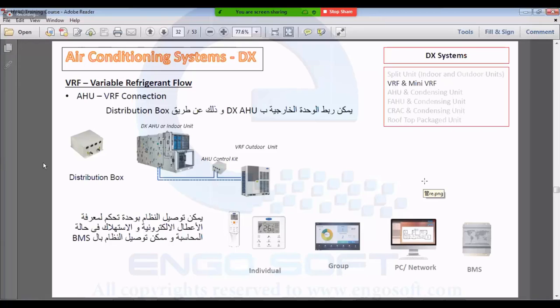So this is how to connect it with the building automation system of the building using a control kit. This is the indoor unit, which is the DXHU. The control kit is very expensive. How can you control both of them?